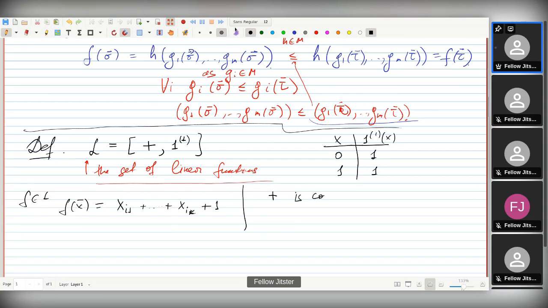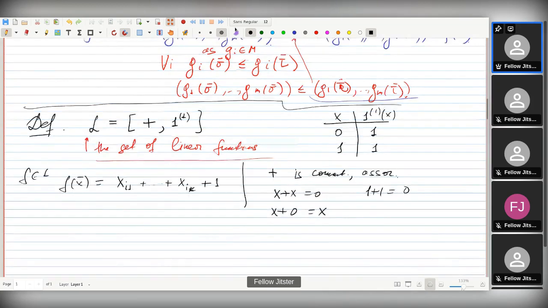So it is commutative, it is associative, so you can freely change the order, regroup your summands, and moreover, x plus x is always 0, while 0 may be always ignored. And of course, 1 plus 1 is still 0.